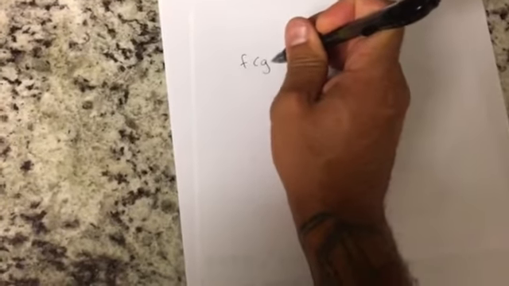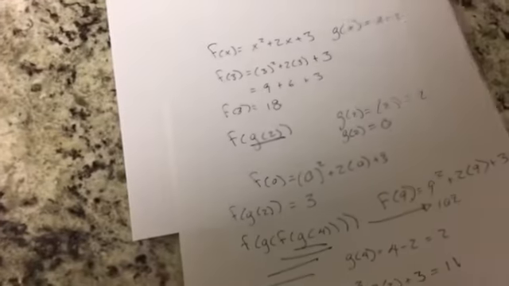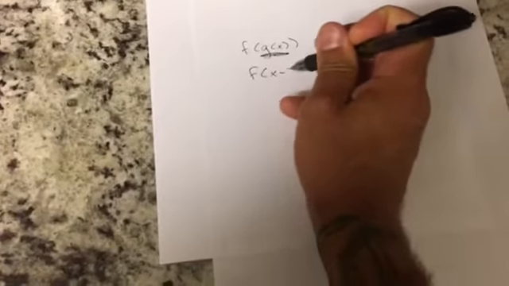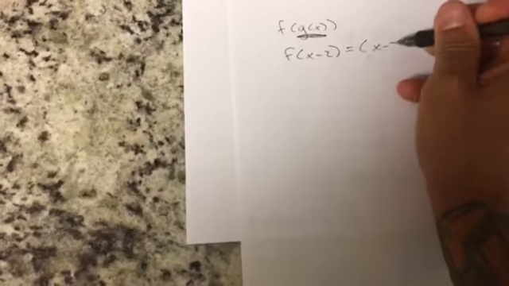We'll get into stuff where it's telling me find f of g of x. So what that means is I'm taking the entire g of x and I'm plugging it into f. So g of x is x minus 2, so I'm finding f of x minus 2. We've already done stuff like this, so all you're doing is you're plugging it in for the x's.